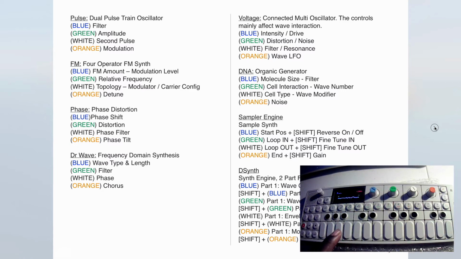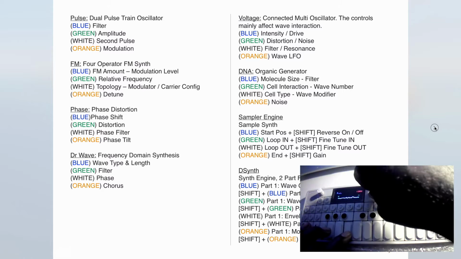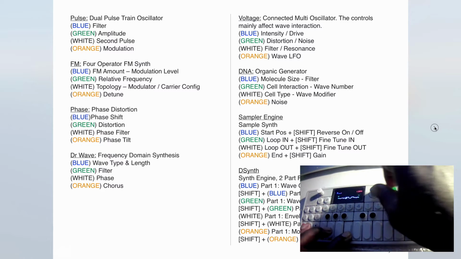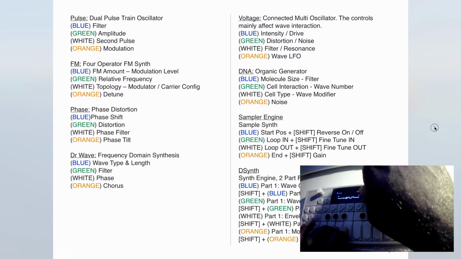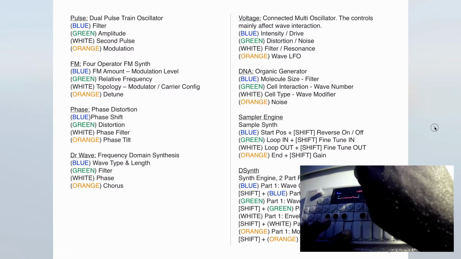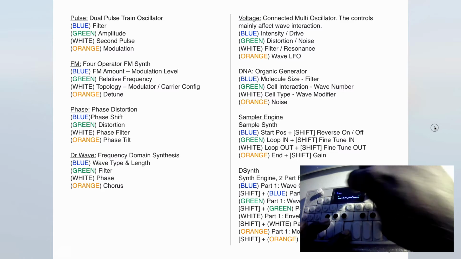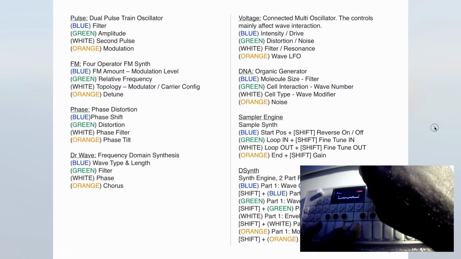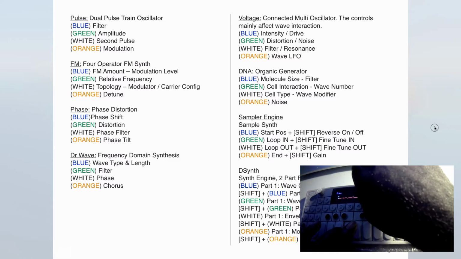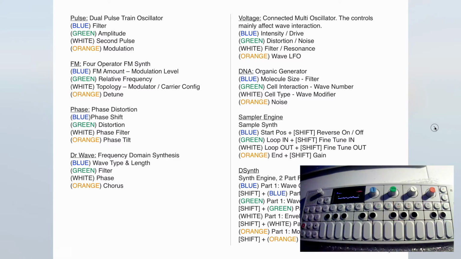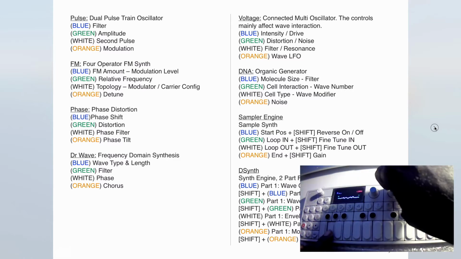So when you're in Voltage, the blue controls intensity. So let's adjust that. So that's at maximum. That's at minimum. Green controls distortion and noise. So that's at maximum.